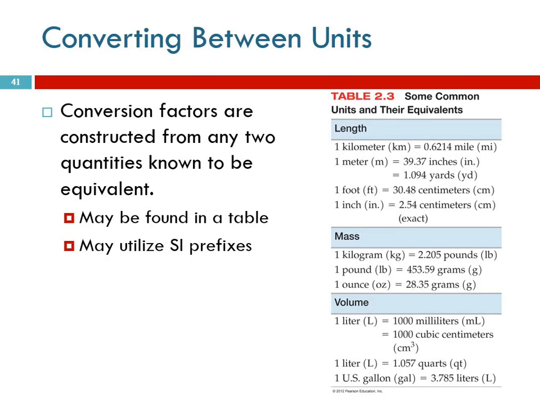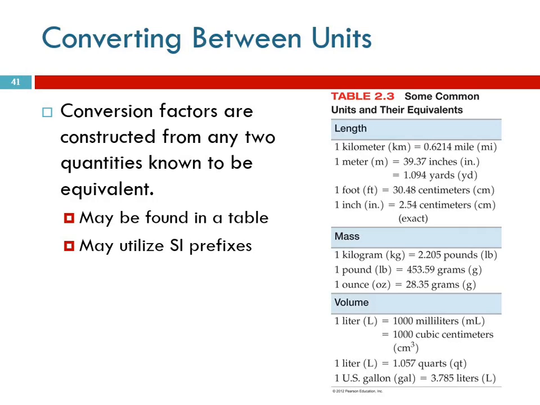So where do we get conversion factors? Conversion factors come from equalities or equivalence statements. And here are some examples of equivalent statements. These are from table 2.3 in your textbook. 1 kilometer equals 0.6214 miles. 1 inch equals 2.54 centimeters.